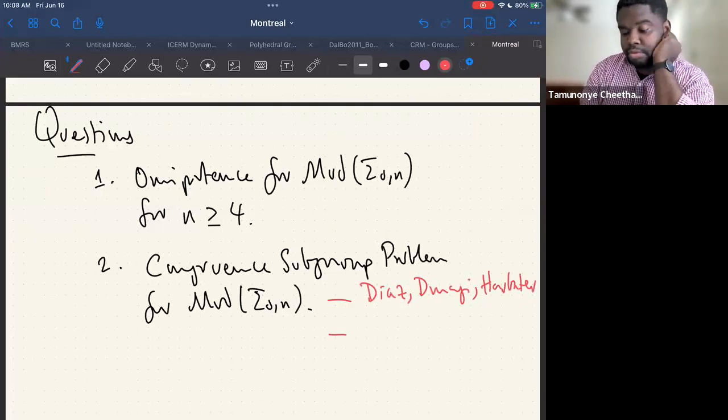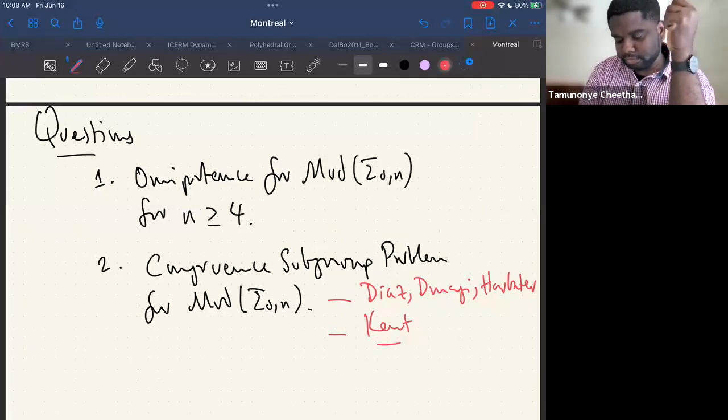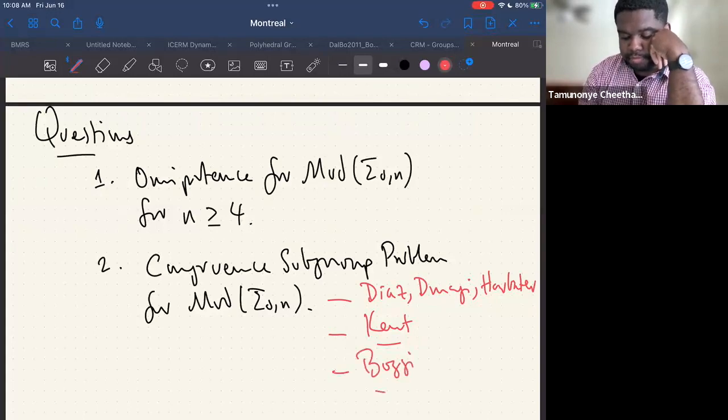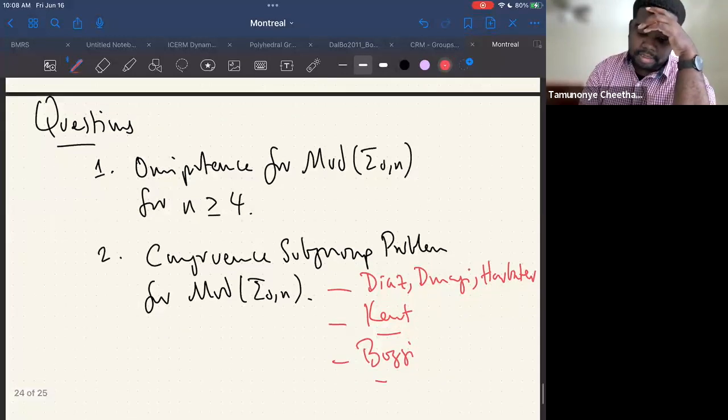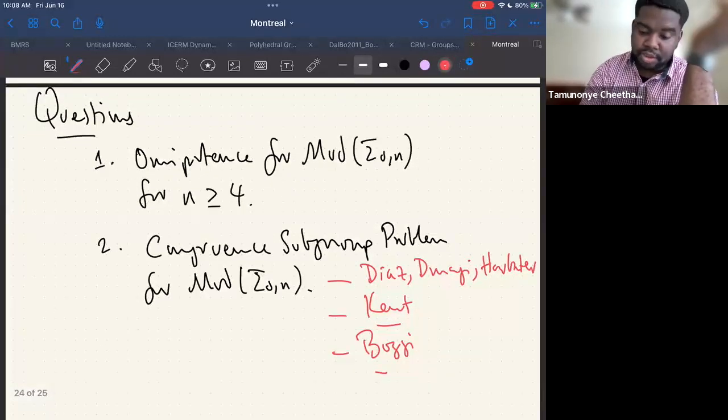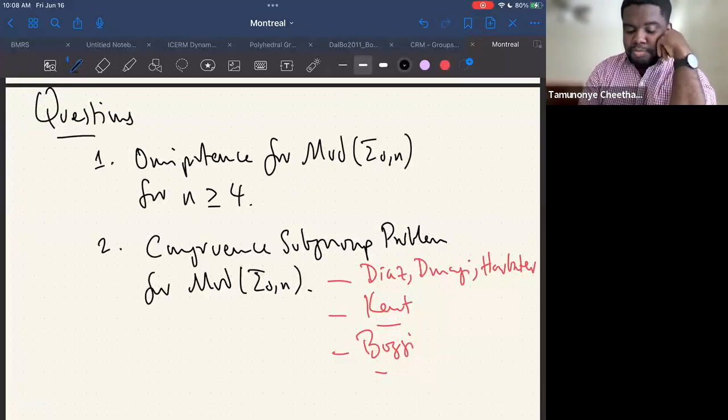The more recent work of Autumn Kent uses more explicit mapping class group stuff, and also some things done by Marco Borgi, right? Congruence. But in many cases, especially in the closed case, the congruence subgroup problem is still open.